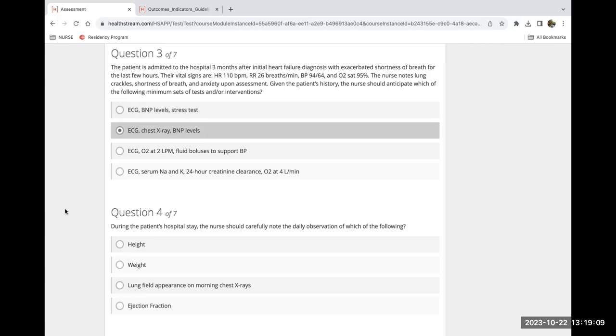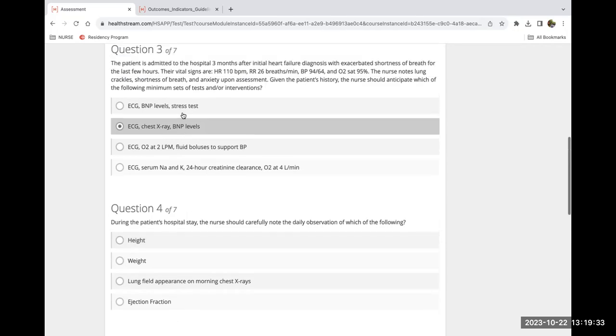ECG, chest X-ray, BNP levels. Serum sodium, potassium. I need to know now. Okay, let's see.